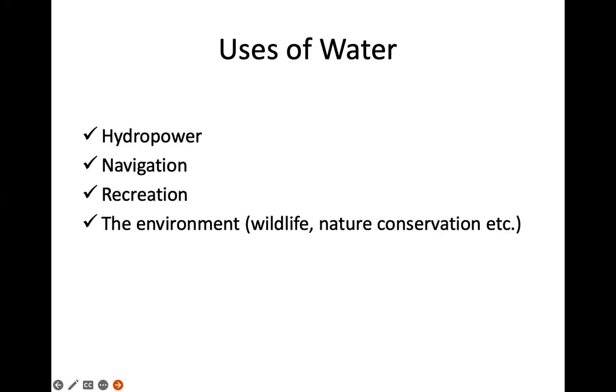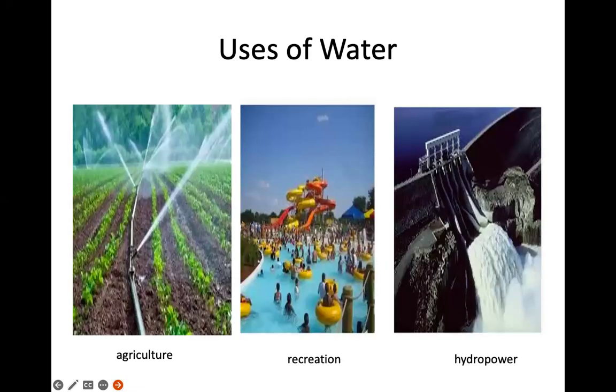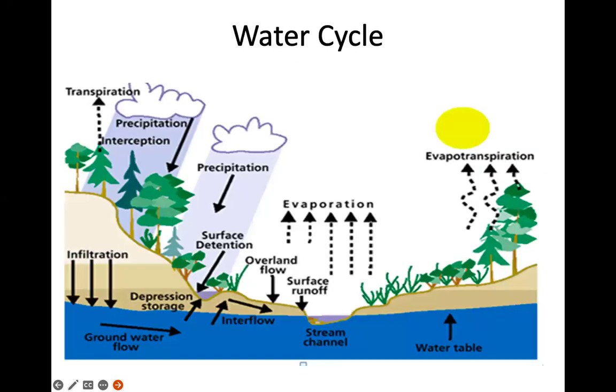Other uses of water include hydropower generation, where water is used to generate electricity, navigation, where water is used for travel, recreation, where water is used for swimming and other water sports, and even wildlife and natural conservation in terms of environmental uses. And these are some pictures that I brought to you to help you understand the things that I speak about.